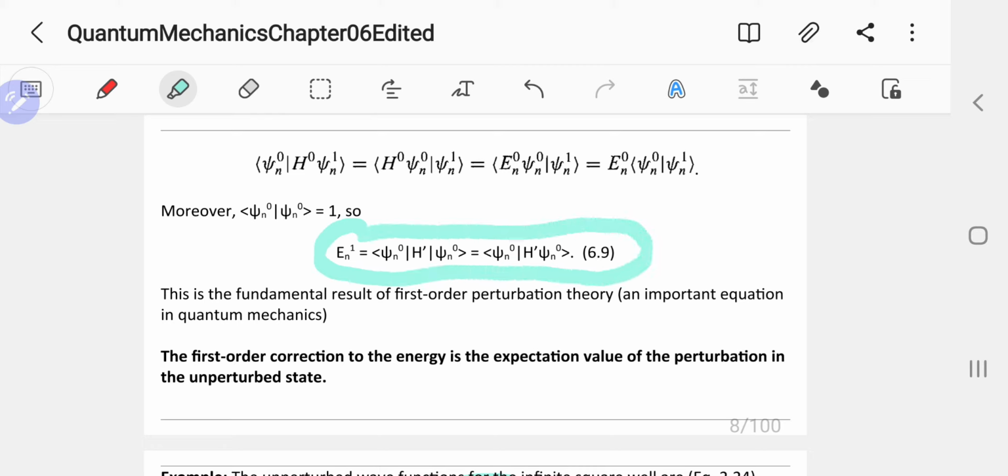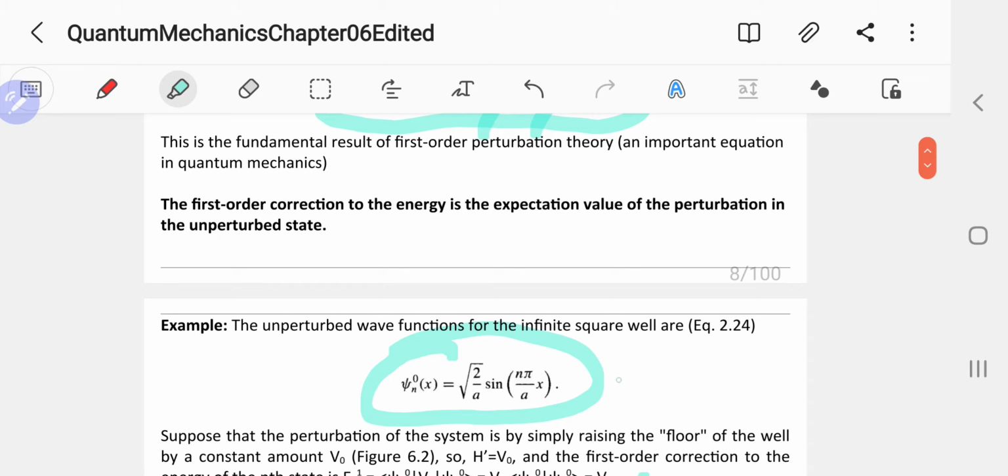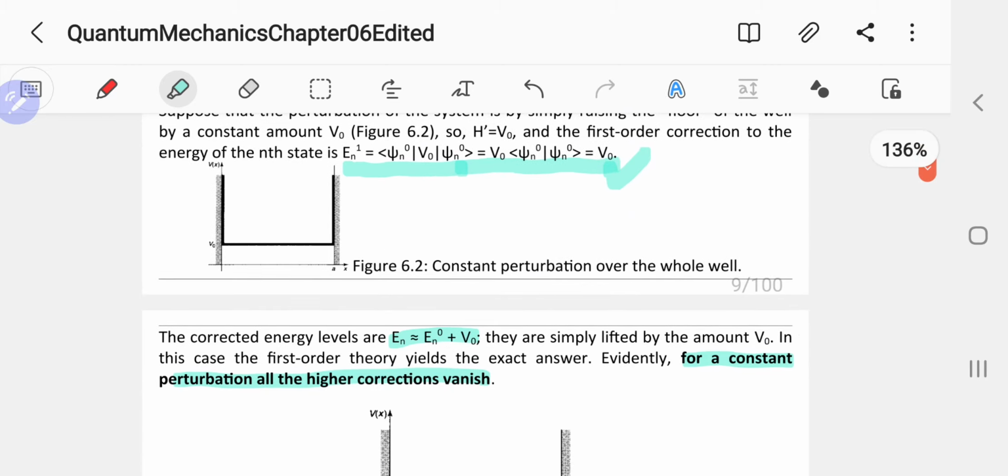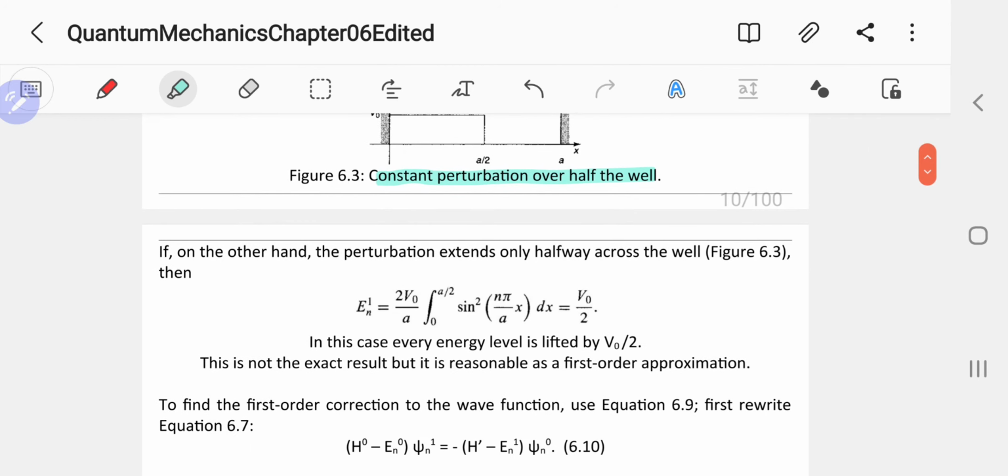to get the first order correction, we have to take note of this wave function, which is this one, and so we'll be able to get this one here. This is just equal to the inner product of phi_n^0, V_0, phi_n^0.